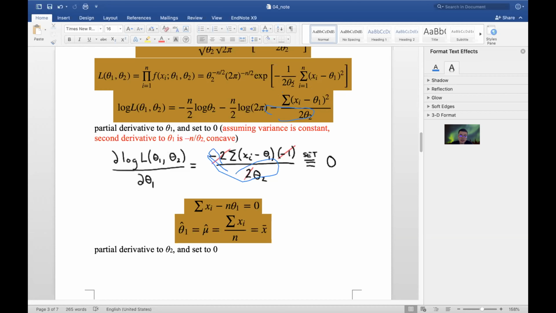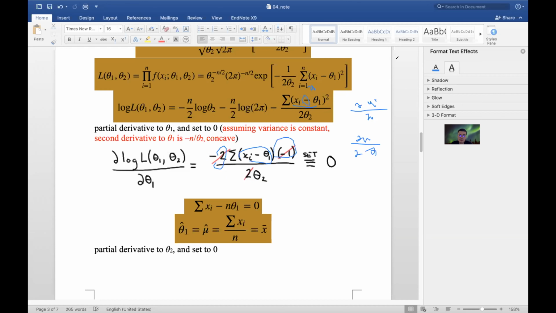Now let's take a look at this term. We can put the summation here. We consider x minus theta 1 as u. Then we have the partial derivative of u squared with respect to u, which is 2u. Next we take the derivative of u with respect to theta 1, and because theta 1 has a negative coefficient, this is negative.